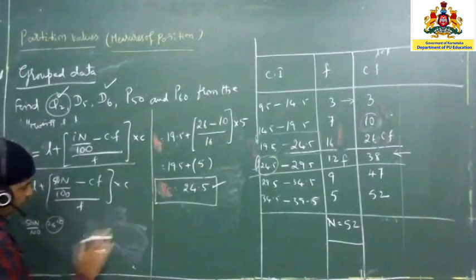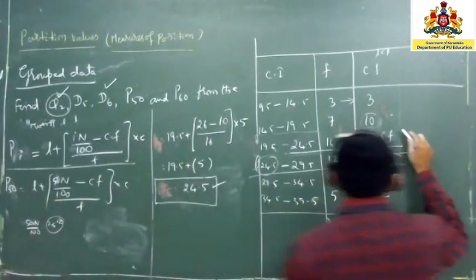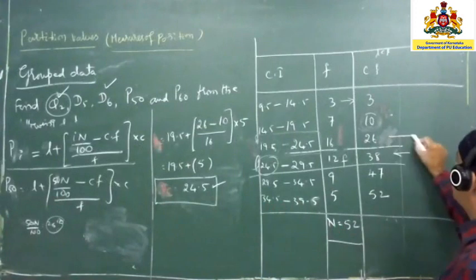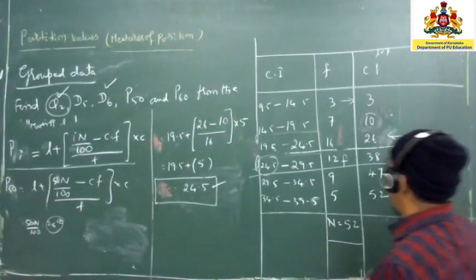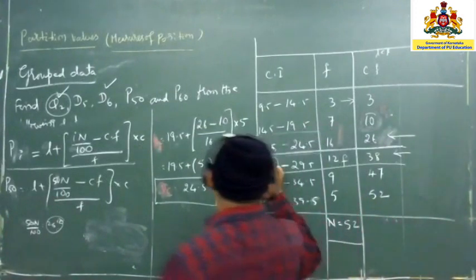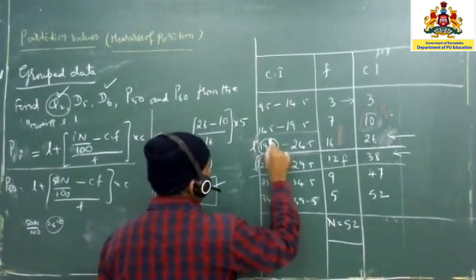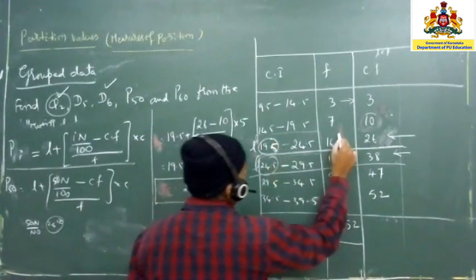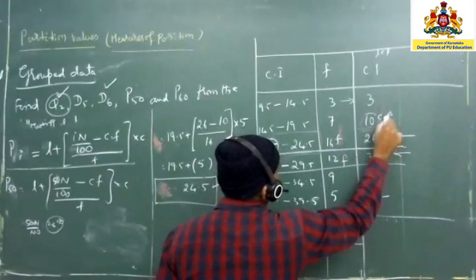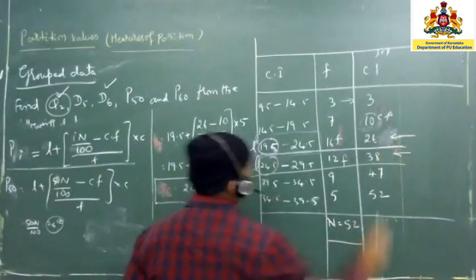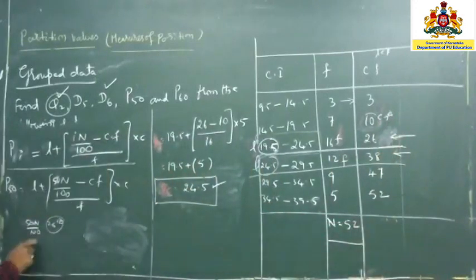You have to look into this part. Where is the 26th value? 26 is exactly given. So draw the line here itself, and this is going to be the L. So 19.5 is L, and this is going to be the F, and this is going to be your CF. So this is a position value. Now we'll substitute into this formula.